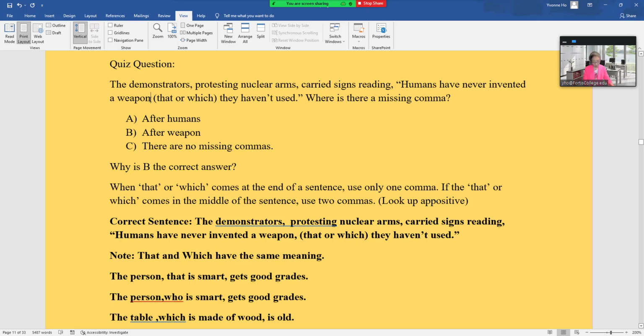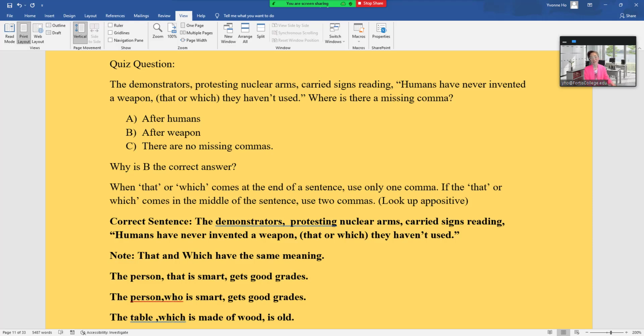You only need one comma if you have a that or which dependent clause. Remember that exception to the rule. If you have a relative clause at the end of a sentence, you only need one comma, and if you have a relative clause at the beginning of the sentence, you need two commas.